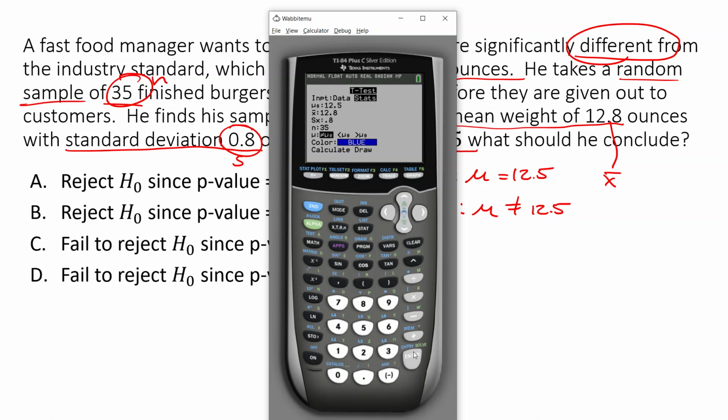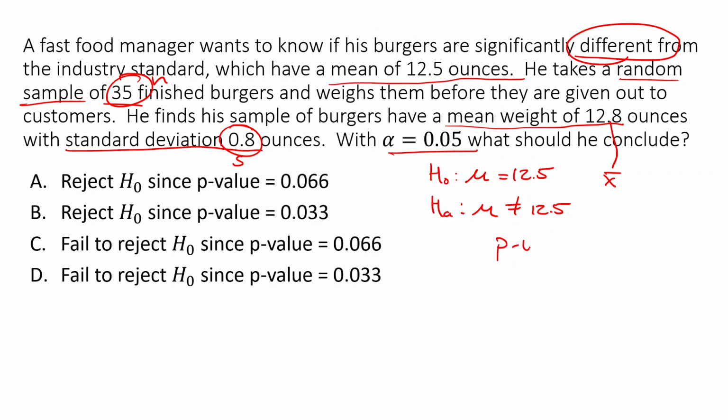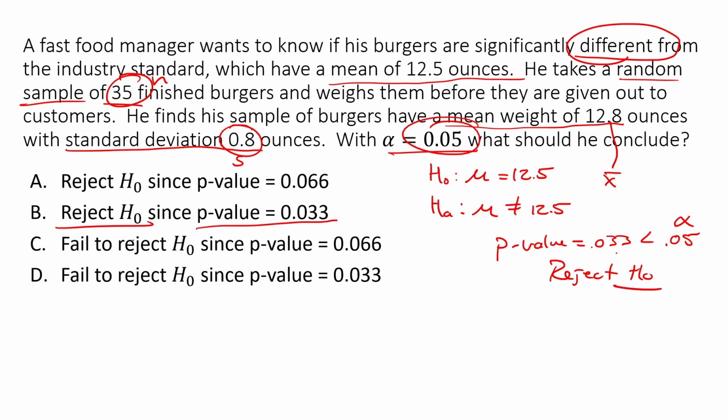So not equal to works, and calculate. And we get that our p-value is 0.03. All right, which is less than alpha. So that means we're going to reject the H0, all right, because p is low. So our p-value 0.03, we reject the H0. There it is, B.